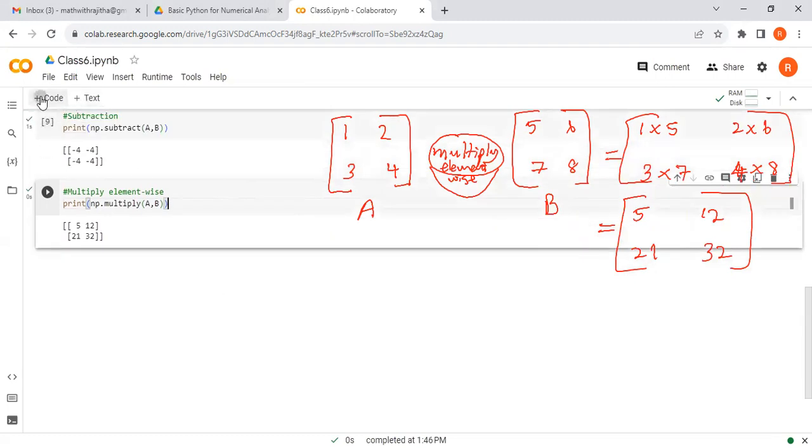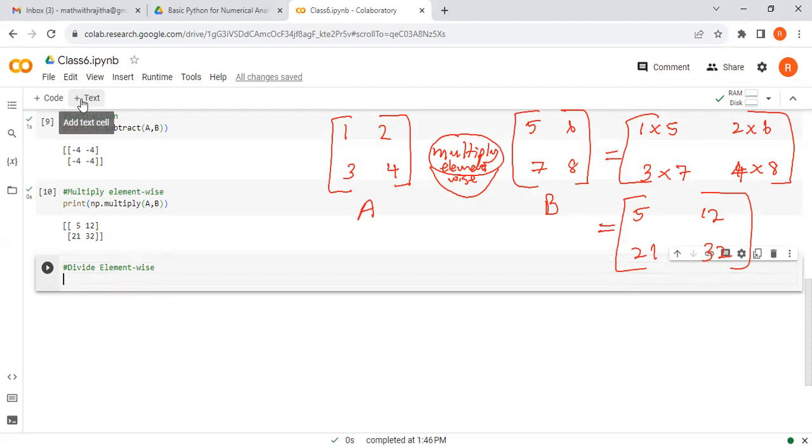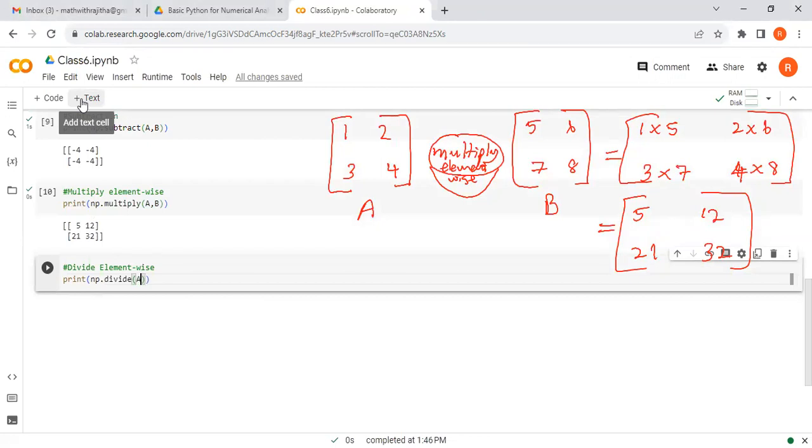Next is division. Divide element wise. Print np dot divide a, b. The A matrix is 1, 2, 3, 4.